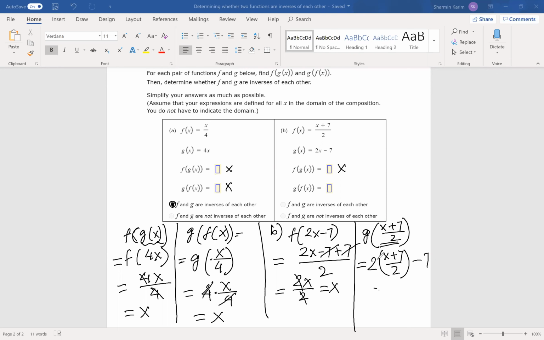So 2 will cancel each other. We will have x plus 7 minus 7. So 7 cancels each other. So we end up with x for this one also. Therefore, f and g are inverse to each other.